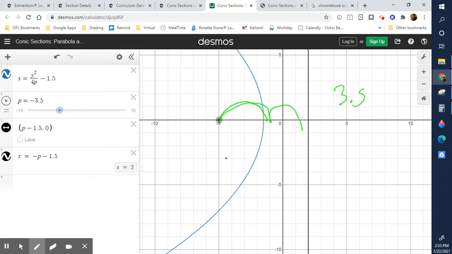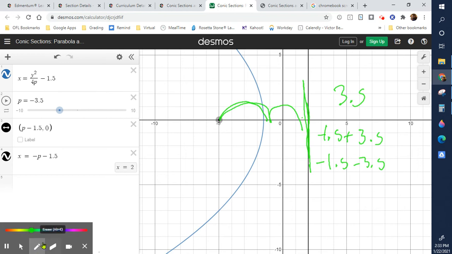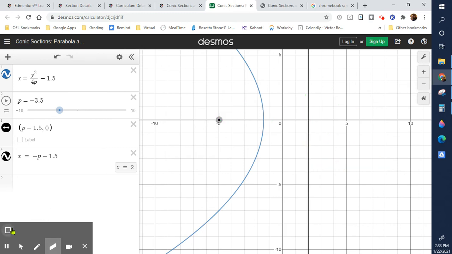Now, if I did a positive 3.5, I would be adding 3.5 to this, which would end up giving me right here where the directrix is. So I had to go a little backwards and do a negative 3.5. Hopefully that explains it better. Even more hopeful you guys understood it despite my butchered explanation.